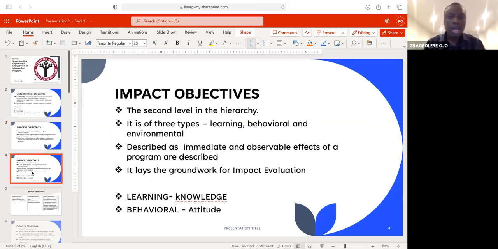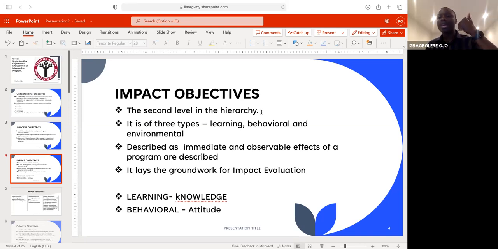So the next one is the impact objective. The impact objective is what should naturally come up after the process objective. And here I have put down that this is the second level in the hierarchy of objective. So the first hierarchy will be a process objective.